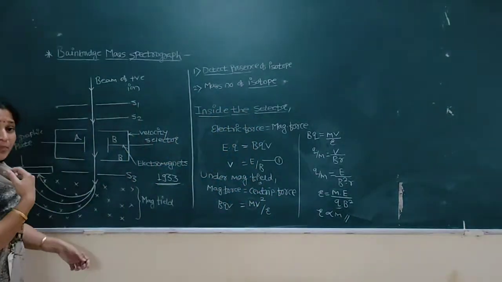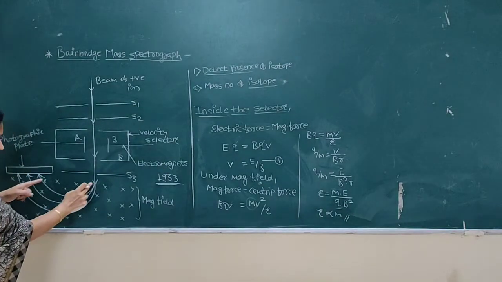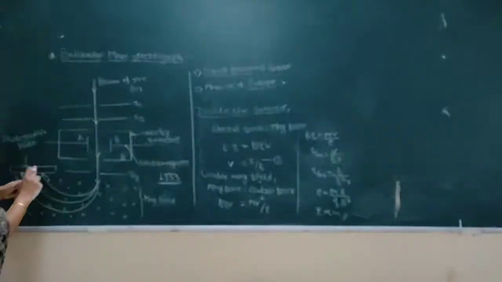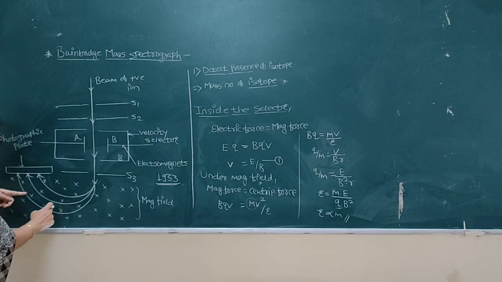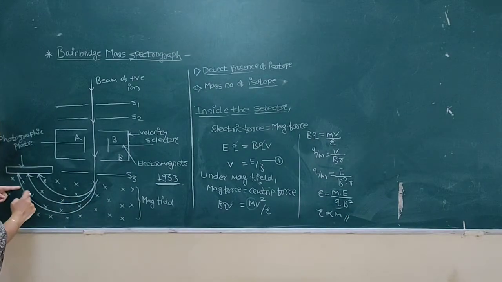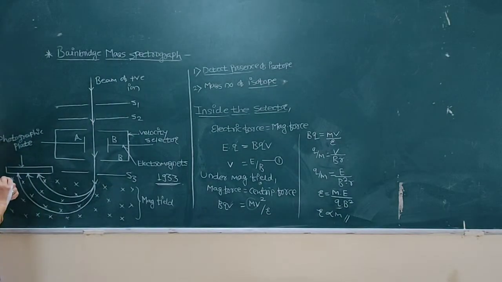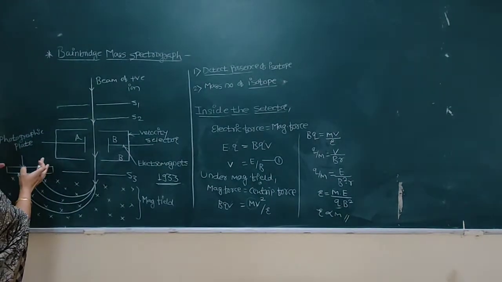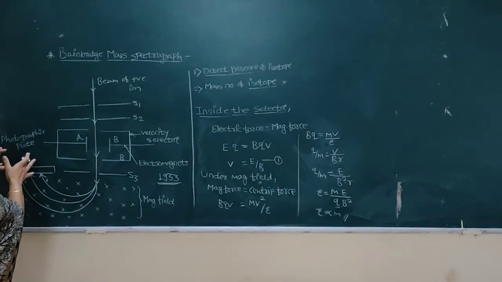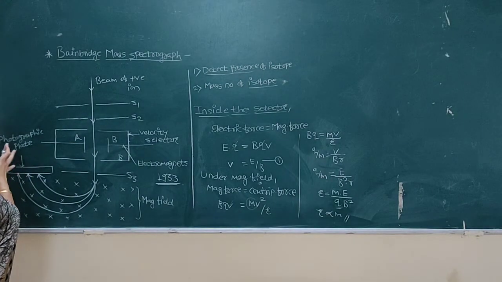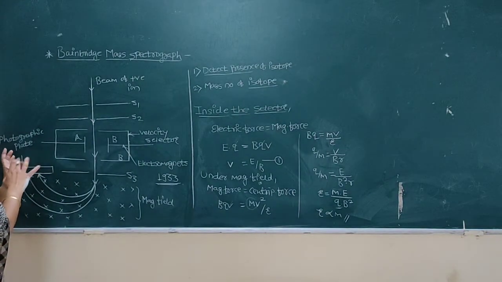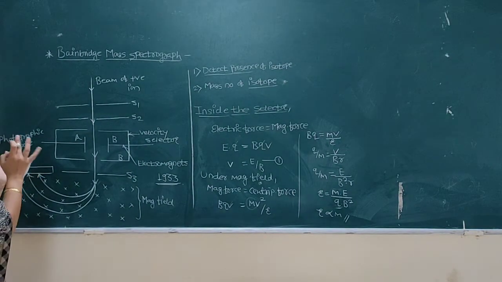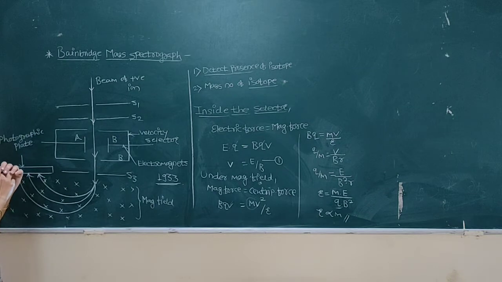If the particle is lighter, then we get a small semicircle, and if the particle is heavier, then we get a larger semicircle. Understood? So finally on this photographic plate the traces are obtained, and by using this we can detect or determine the presence of isotopes. So this is about the Bainbridge mass spectrograph.